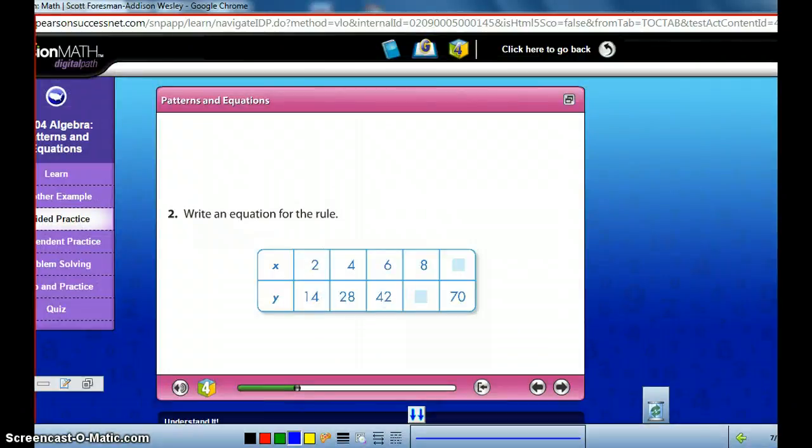Write an equation for the rule. Oh, that's the one that we just did. Okay, I know what they wanted. For the one before, sorry, the one before, they wanted it written in words. So we would write multiply x by 7 to get y, or something like that.